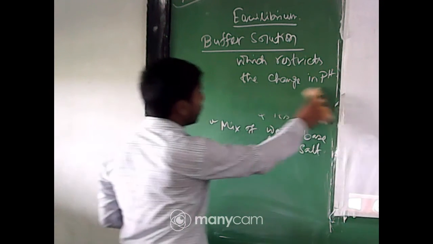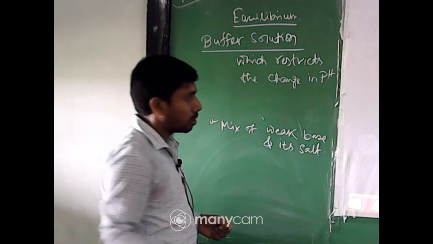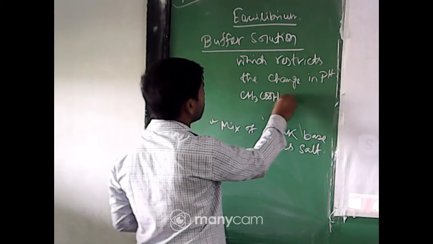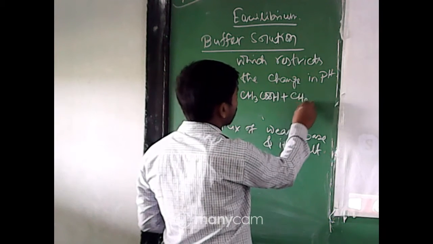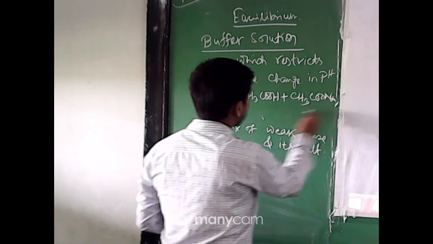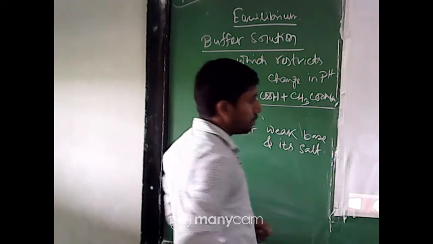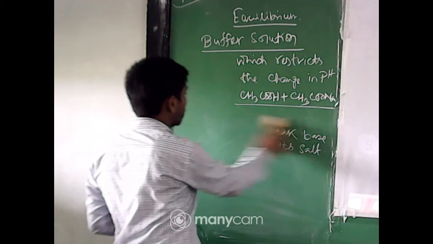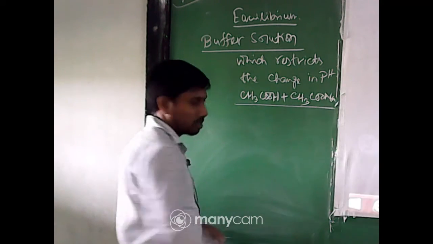So the first example, a weak acid and its salt. Suppose CH3COOH plus one salt of acetic acid, that is CH3COONa. The mixture of these can work as a buffer solution. Now how does it work?